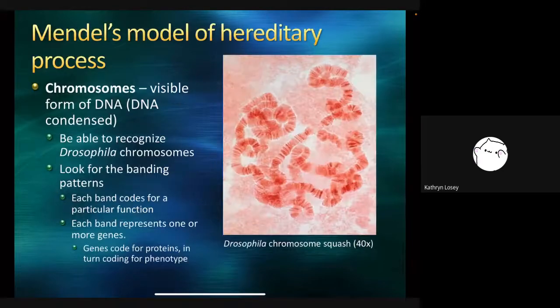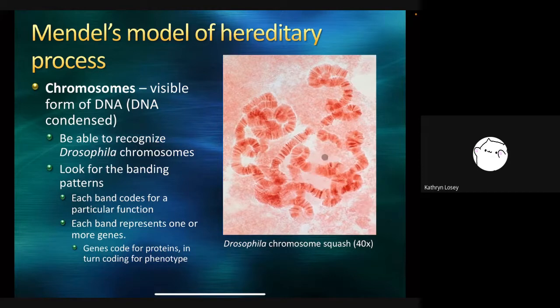All right, so Mendel's model of the hereditary process. So chromosomes, this is a Drosophila, or fruit fly, chromosome squash at 40 times. Chromosomes are the visible form of DNA when your DNA condenses. Be able to recognize this as a Drosophila chromosome squash.